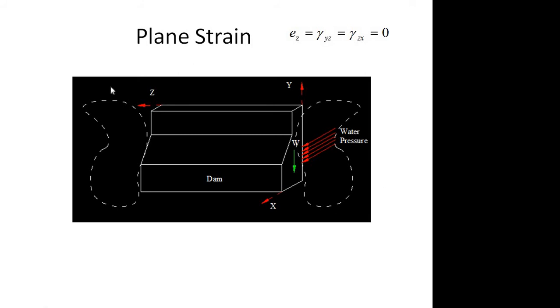But due to the pressure, it will buckle along the Z direction a little bit. Okay, and due to the weight, it can go down by a small value, but it is not allowed to move along the Z direction. So this type of problem we can assume it to be a plane strain problem. So now we can convert the analysis of a dam structure from a three-dimensional case to a two-dimensional problem, right?